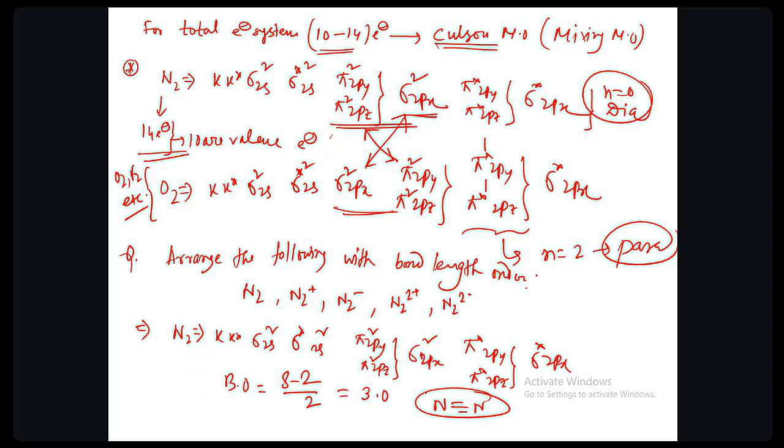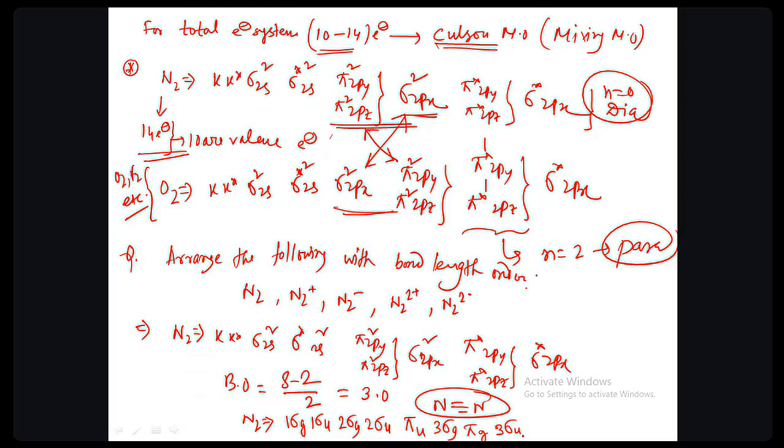You see? Sometimes this configuration you can write as N2 equals 1 sigma g, 1 sigma u, 2 sigma g, 2 sigma u, then pi u, 3 sigma g, pi g, and 3 sigma u.